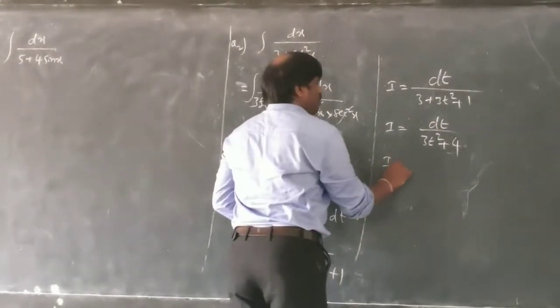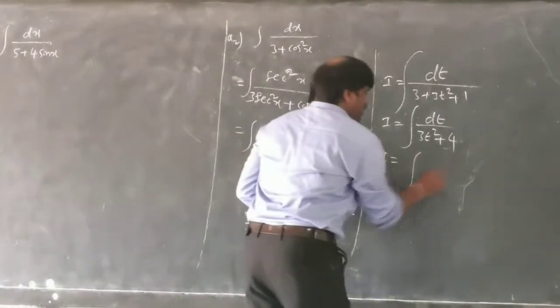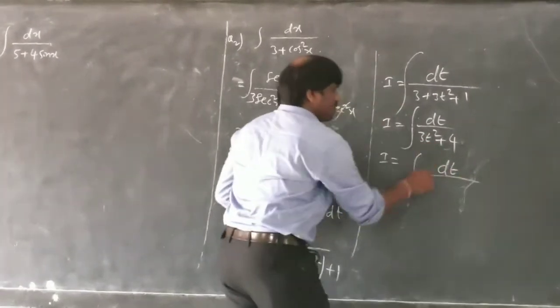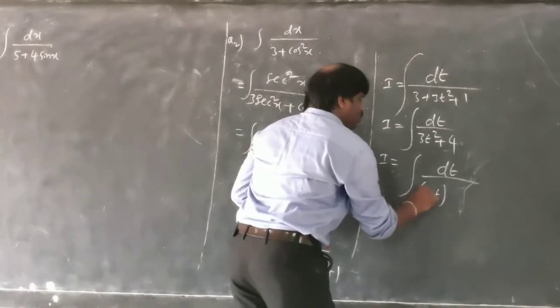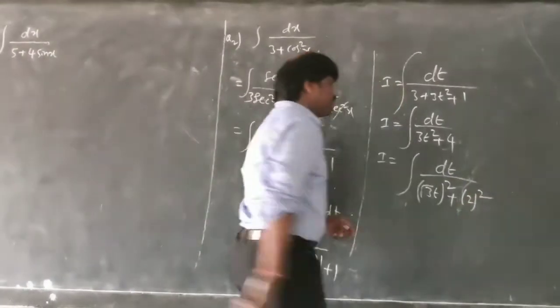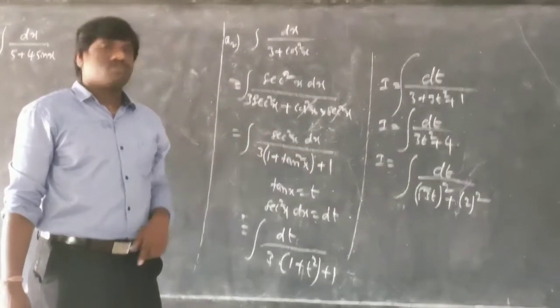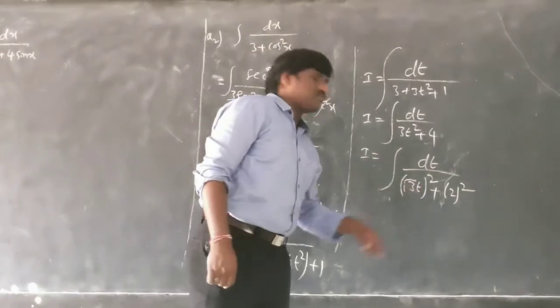Okay, I is equal to the integration of dt upon, I can write this as root 3t whole square plus 2 square. This is of the form 1 upon x square plus a square.